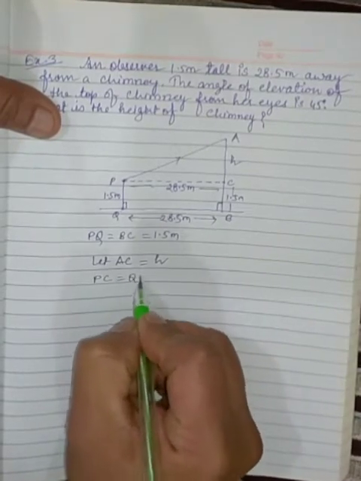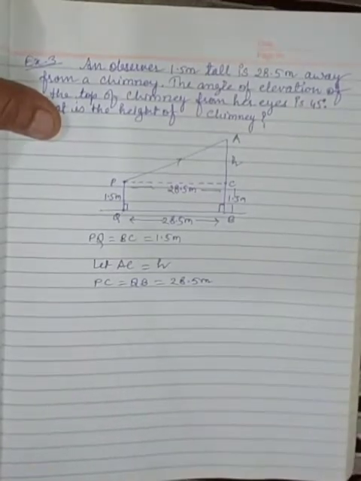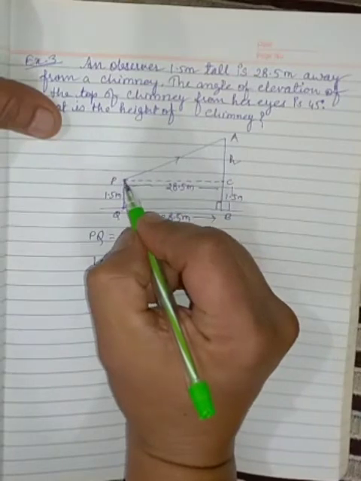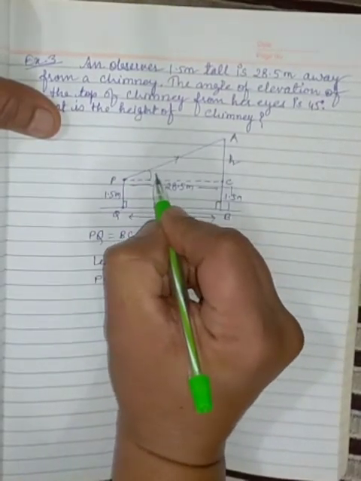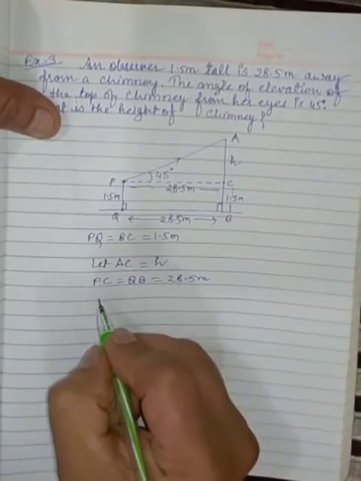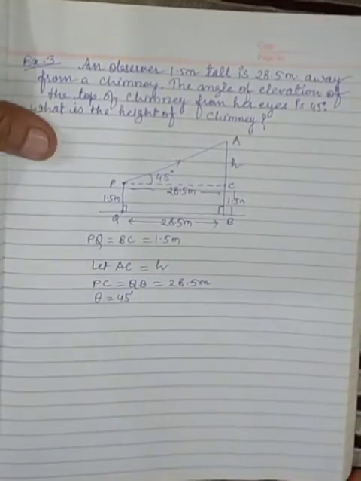PC is equal to QB, both equal to 28.5 meter. And the angle of elevation between the line of sight and the parallel drawn is, we are given 45 degree. That means the angle theta is equal to 45 degree we are given.